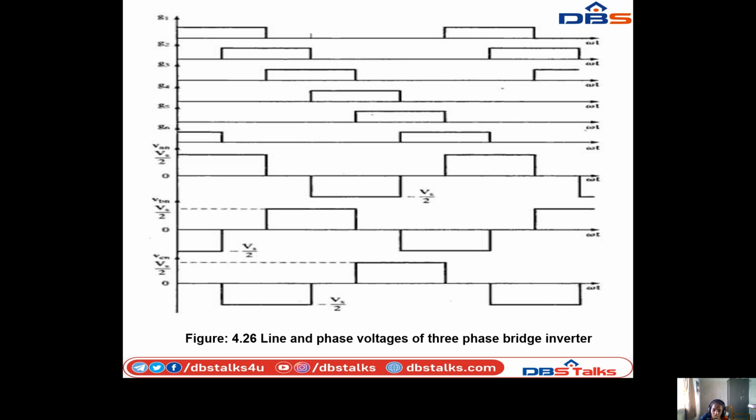Here VAN will be the phase voltage, obtained as Vs by 2, and VBN will be obtained as Vs by 2. VCN phase voltage will be obtained as minus Vs by 2. So in C phase, it will be obtained as negative voltage. These are the line and phase voltages of the three-phase bridge inverter.